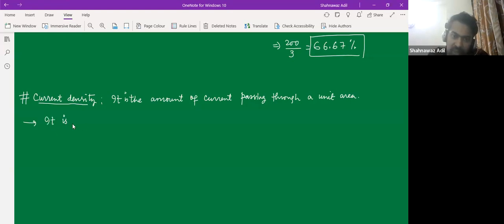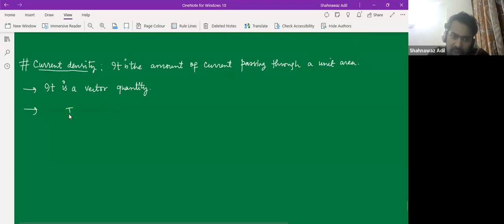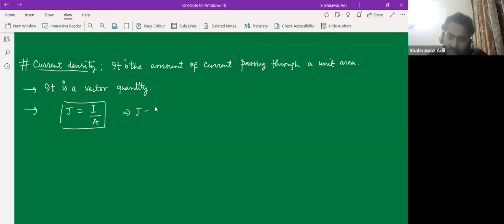J is I by A. So what would the SI unit of this current density be? That would be ampere per meter square.